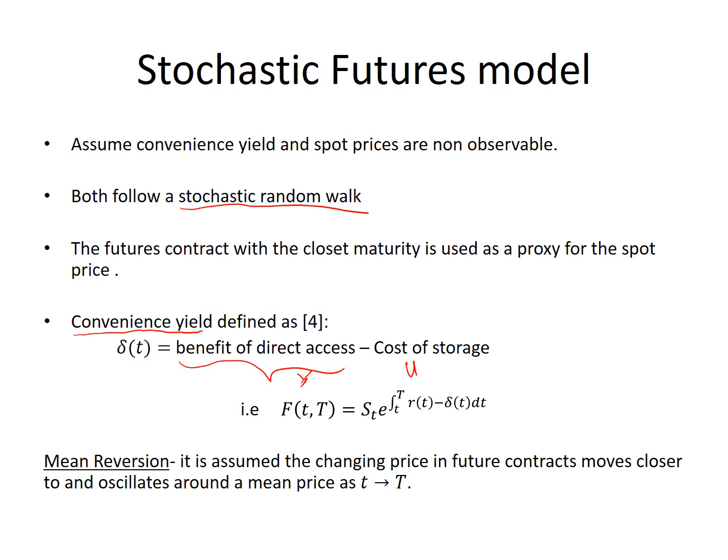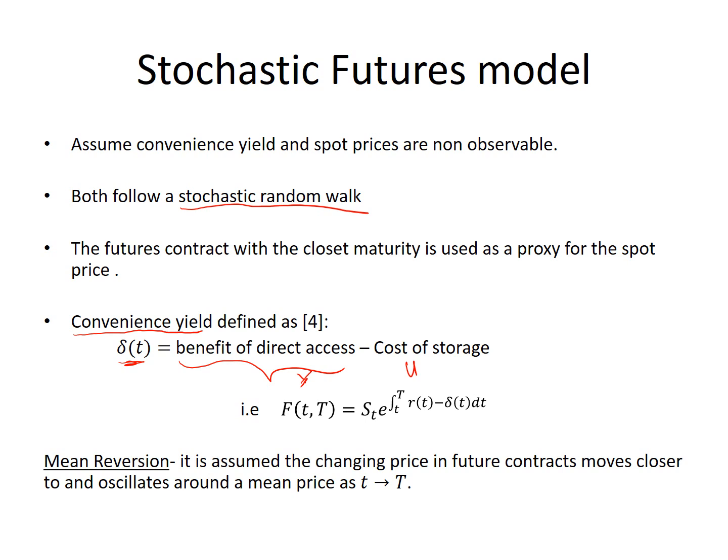Okay, so what this says to me is that convenience yield is actually a very complicated quantity to categorize. And these two, benefits of direct access and cost of storage, must be related in some way, stochastically speaking. It's probably better off just examining the one whole quantity.